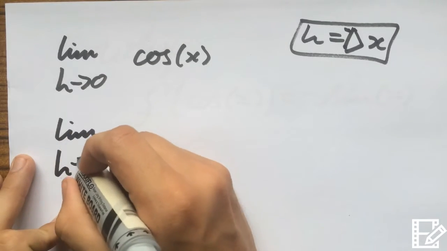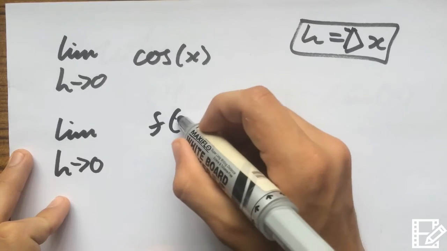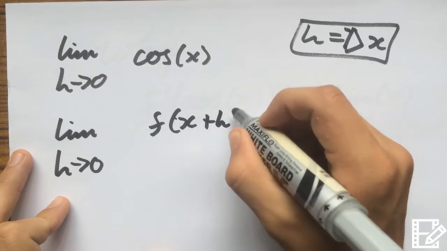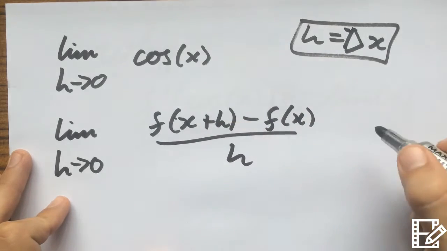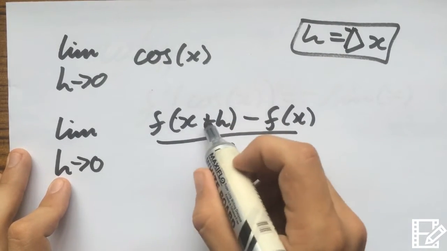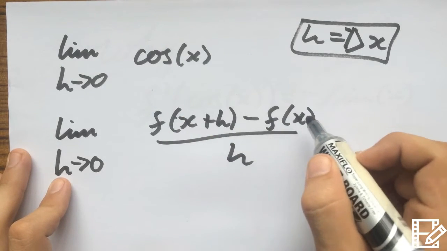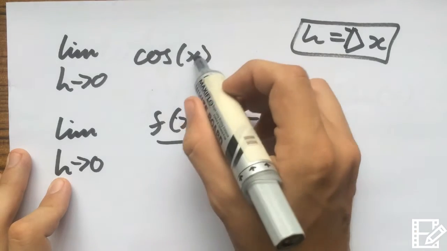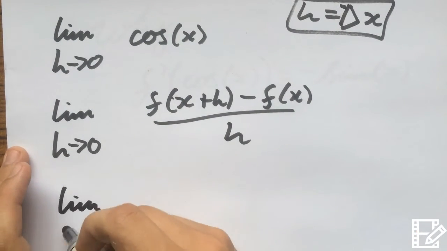The limit as h approaches 0. The formula for limits is f(x plus h) minus f(x) over h. Basically, with this bit here, we replace the x with an x plus h, and this bit we leave because there's only an x. I will write that down and show you what I mean.